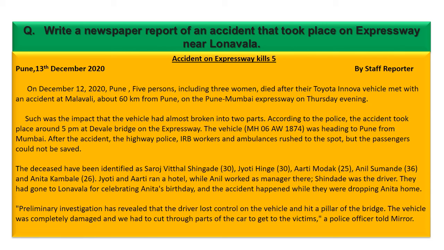The portion saying who is writing the report, by staff reporter or by student reporter, can come in the beginning or in the end. Both ways are correct, children. Then leaving a line, you start with the date, put a comma, and your report starts.